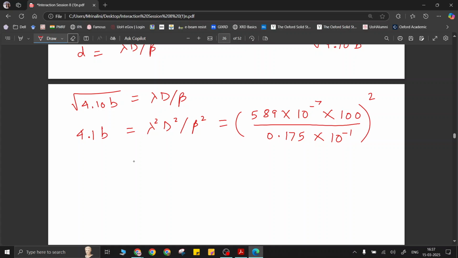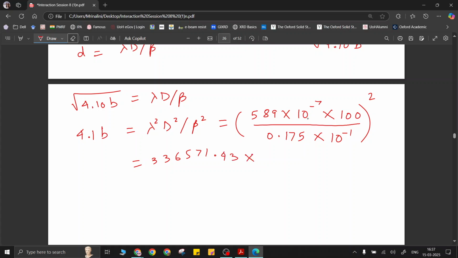So first let me calculate what I'll get. 589 multiplied by 100 divided by 0.175 is 336571.43.